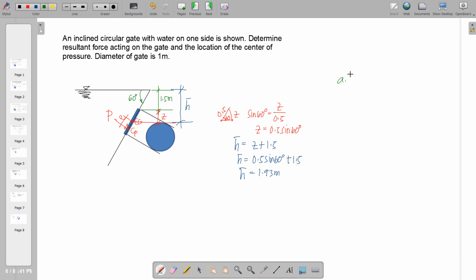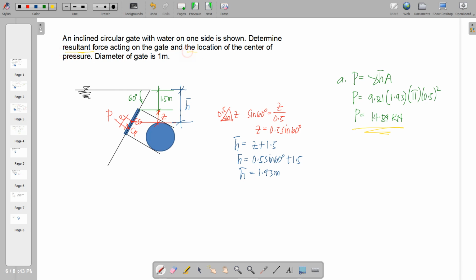And then from that, we can now deal with the first unknown, P, which is equal to gamma H bar A. P here is equal to 9.81 kilonewton per cubic meter, the computed H bar 1.93, and the area pi times 0.5 squared. Therefore, P will be equal to 14.89 kilonewton. So this is the first unknown. This is the magnitude of the resultant force acting on the gate.